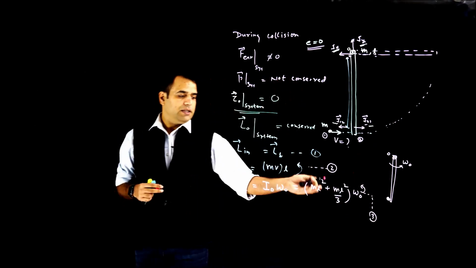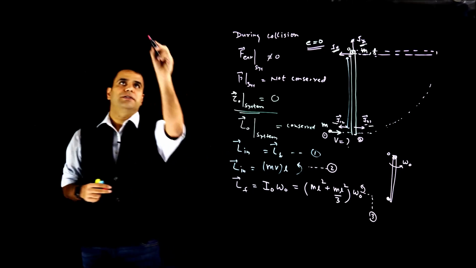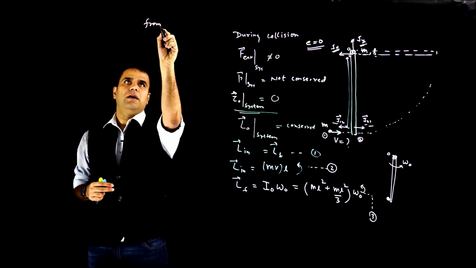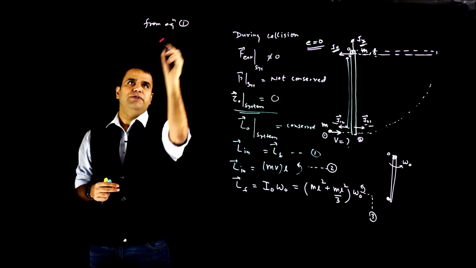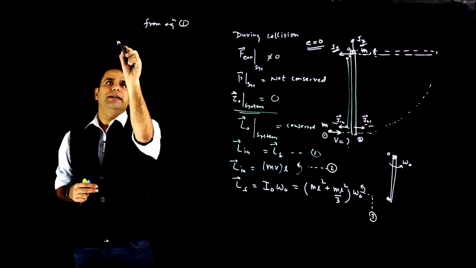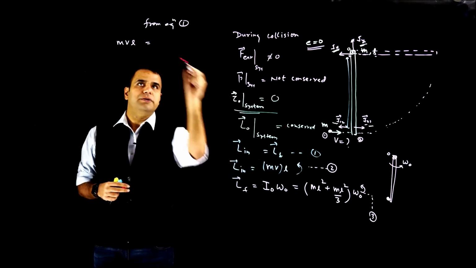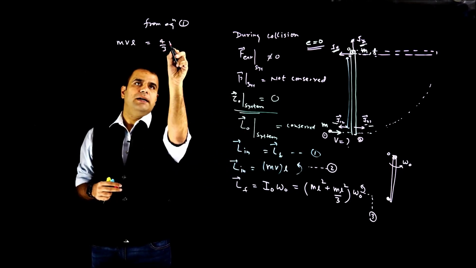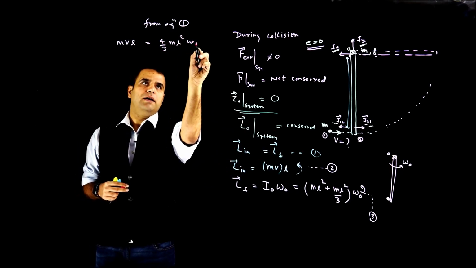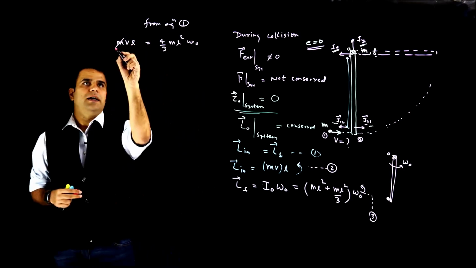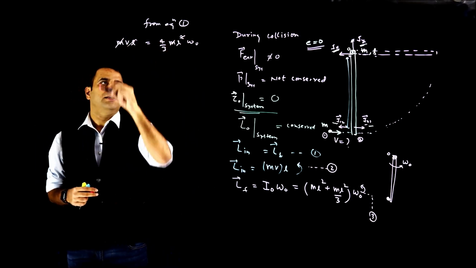Let's put these two values into equation 1. So from equation 1, I'll put both the values. That will be MVL is equal to, you add those two, 4 by 3 ml square omega naught. M and M cancel.